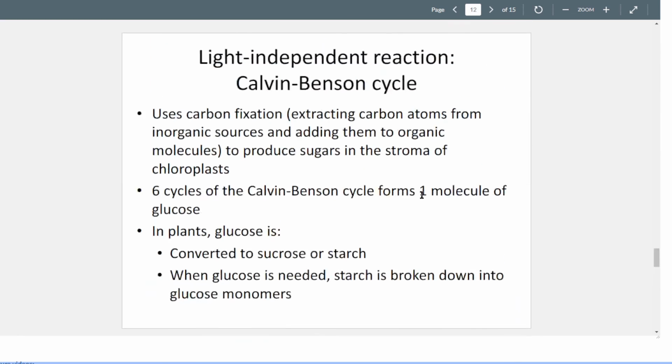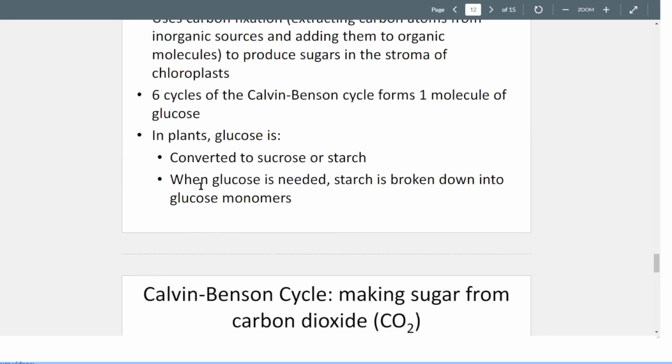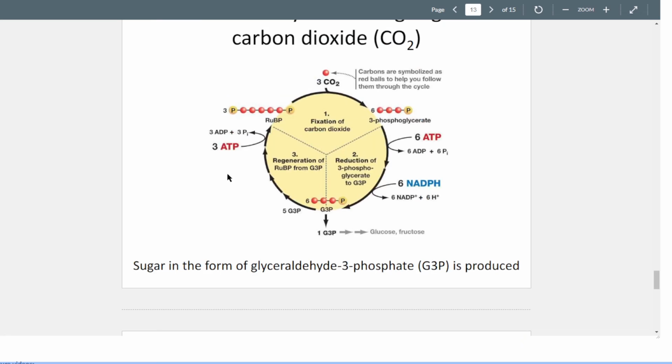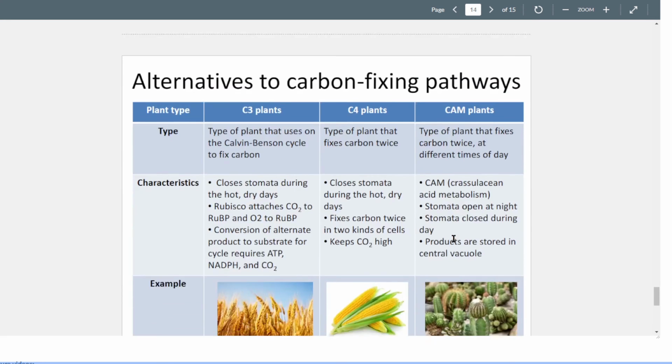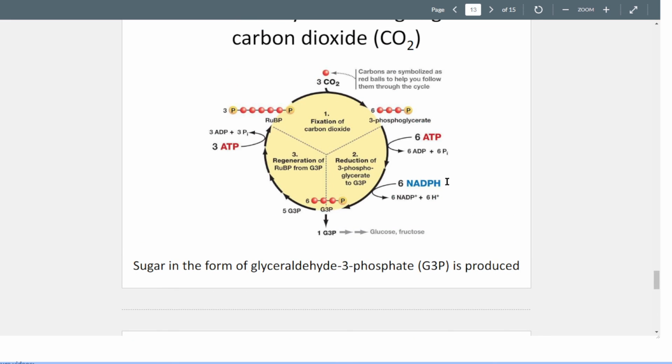This process goes 6 times. So that's how we create sugar, and that's why we need ATP and NADPH, because we're going to use them to reduce it.